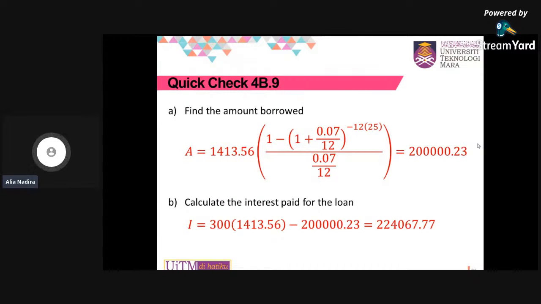So find the amount borrow tu is you kena kira calculate annuity lah. So this one is your R, this one is T over M, M times T. So means dia calculate, no, this is the amount that she borrow. Interest, kita ada formula and R minus A. Okay, so this one you just use annuity formula.